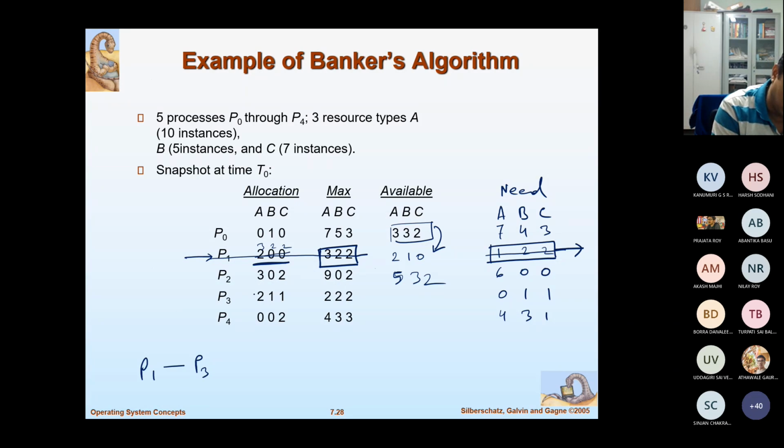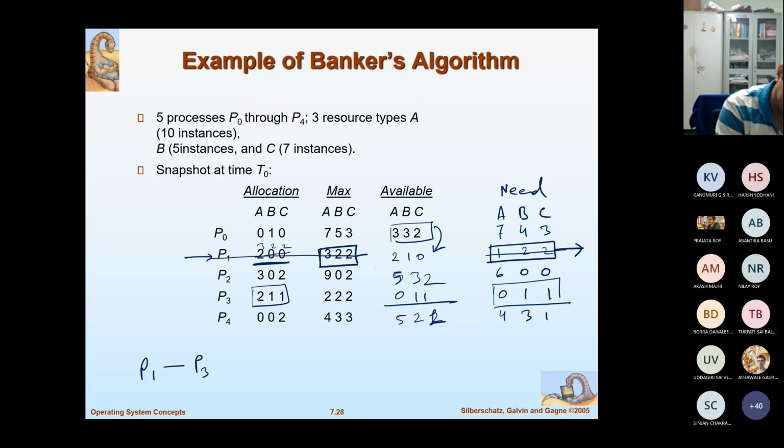P3's allocation is already 211. Its further need is 011. So subtract this from available, which gives 521.